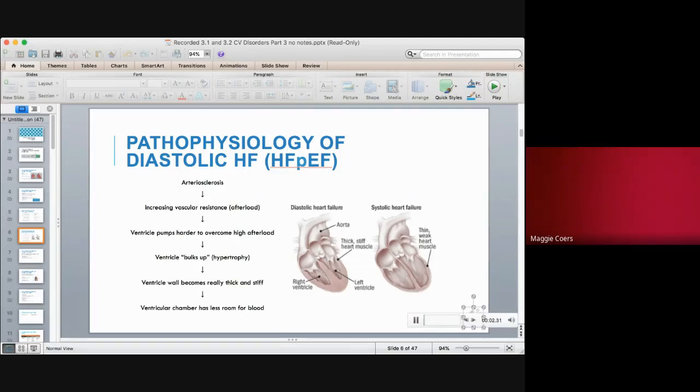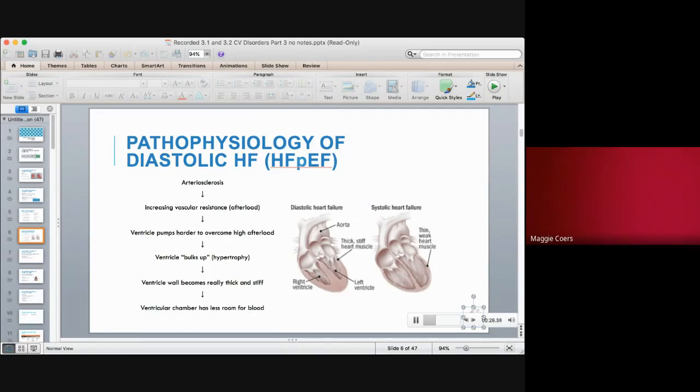Now, here's diastolic heart failure. With diastolic heart failure, we have a preserved ejection fraction. Remember the ejection fraction, if it's greater than 40, it's okay. So with systolic, we have that decreased ejection fraction, or the decreased percentage of the blood being pumped out of the heart.